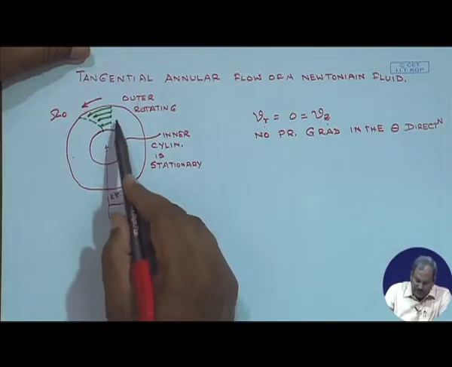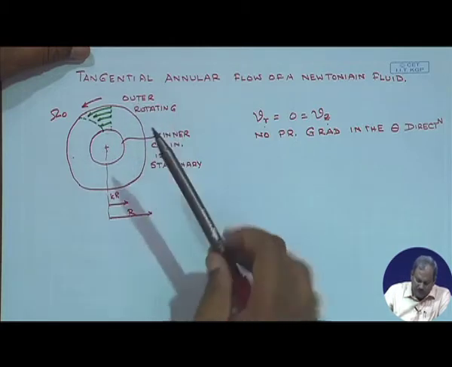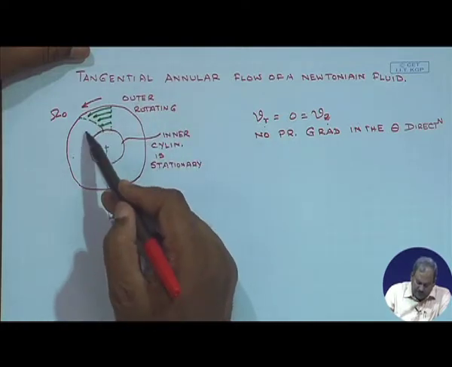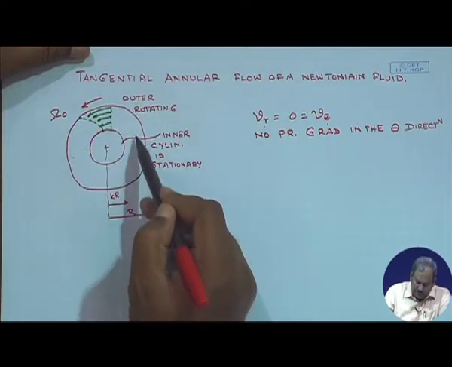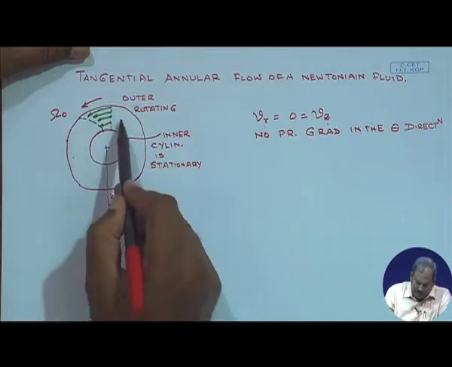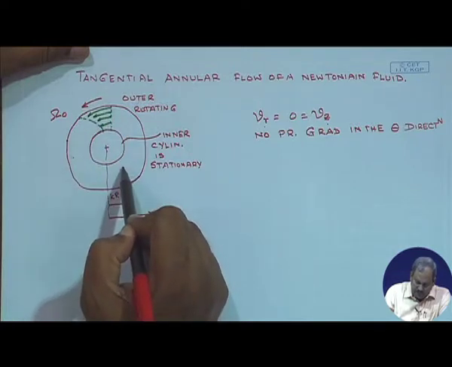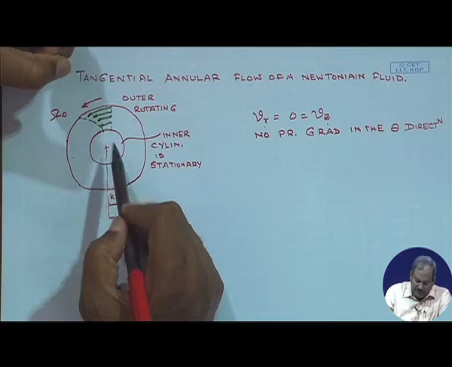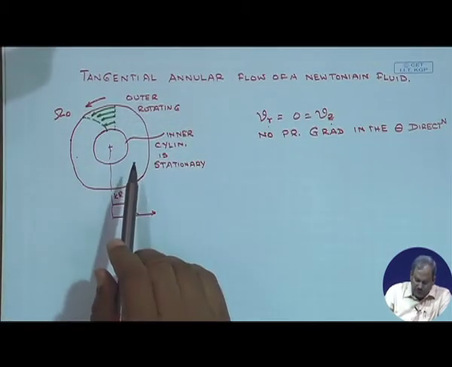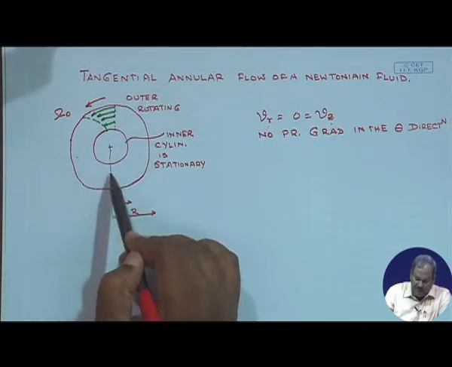So in the theta direction, you can assume it's almost like a Couette flow, because in this direction the liquid is dragged in the theta direction because of the motion of the outer cylinder. There exists no pressure gradient to drive the flow, and since it's vertical, therefore this plane is parallel to the ground, therefore there is no effect of gravity in the theta direction.